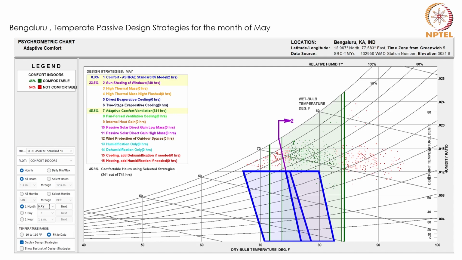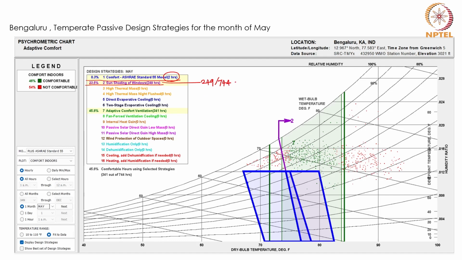Now, left to itself, Bangalore will have 2 hours comfortable in the month of May. Whereas, if you provide solar shading of windows, you will get 249 hours out of 744 hours to become comfortable.